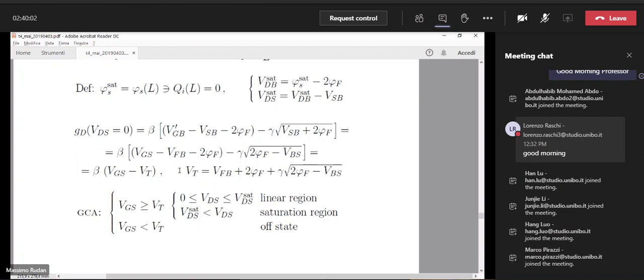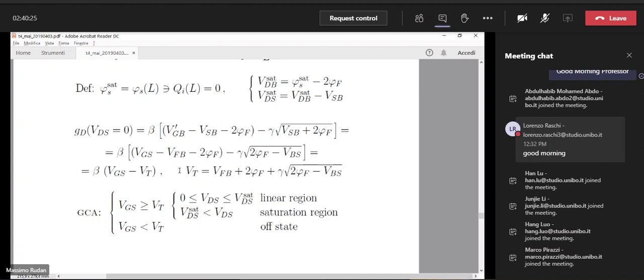So still there is a current, okay? But in this simplified theory, we simply state if the voltage between gate and source is smaller than the threshold, the device is not functioning. The current is equal to 0.